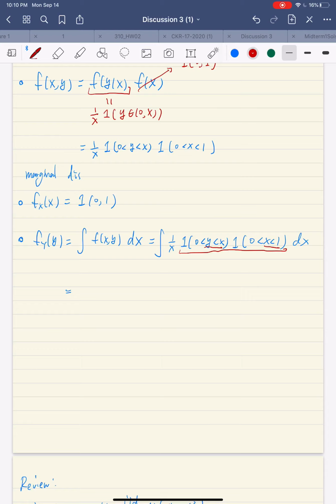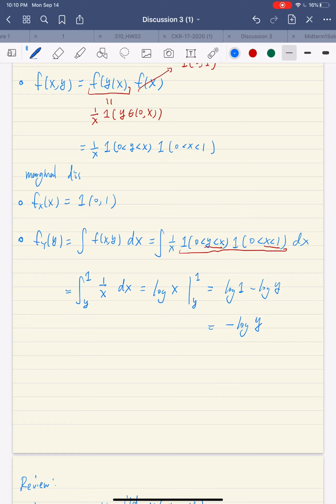So the integral will be from y to 1 of 1 over x dx. The integral of 1 over x is log x, and the domain is from y to 1, so it should be log 1 minus log y. And log 1 is 0, so it's negative log y.